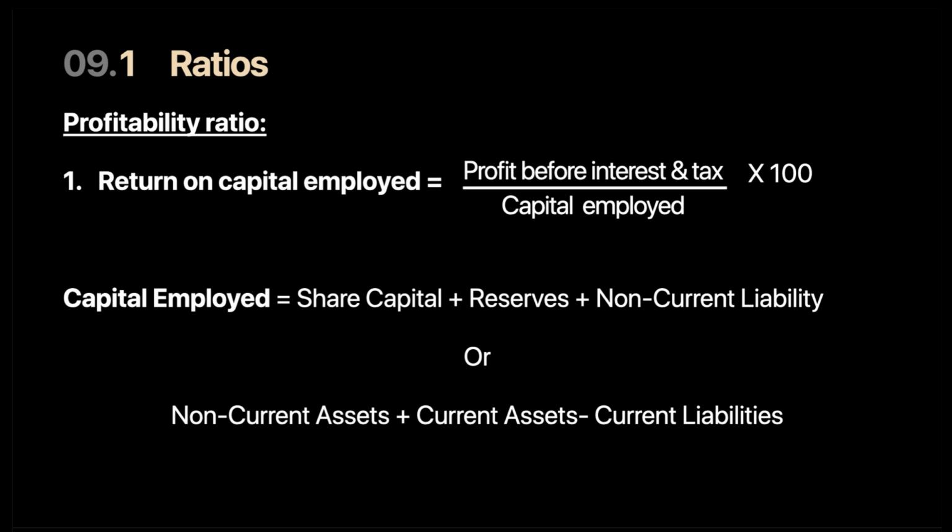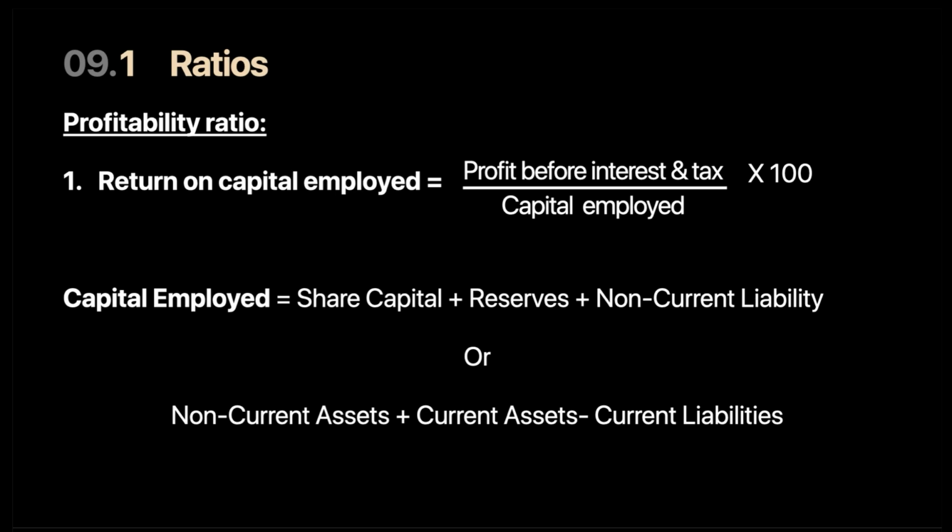That's your equity, share capital and reserves, the money given by the owners or the money that belongs to the owners, plus non-current liabilities, which is loans, debentures, etc. That's your capital employed, right?